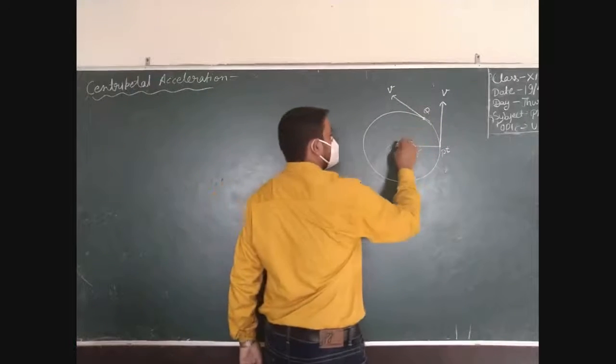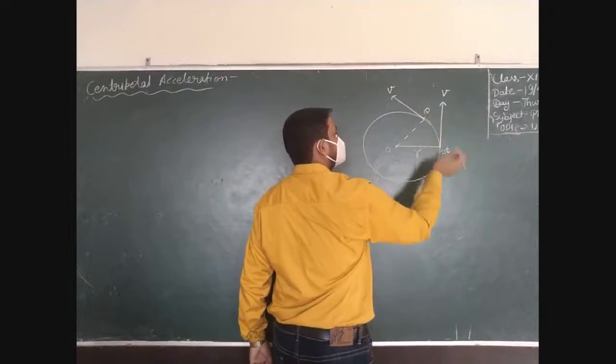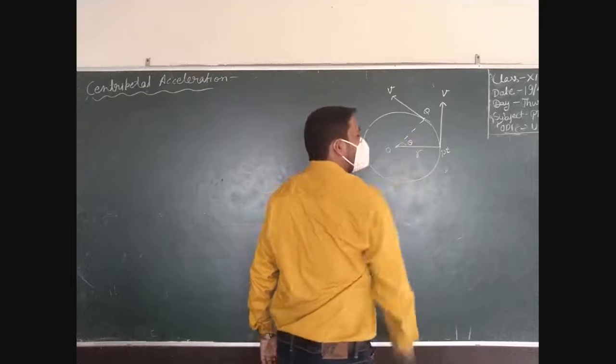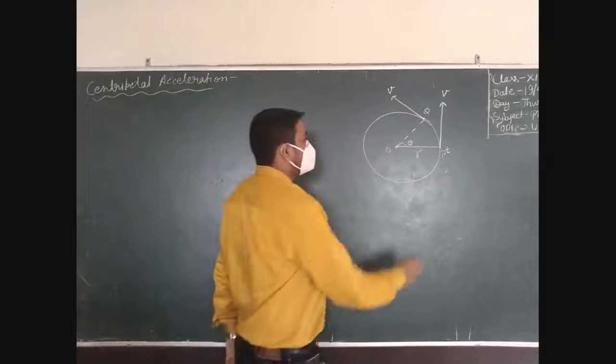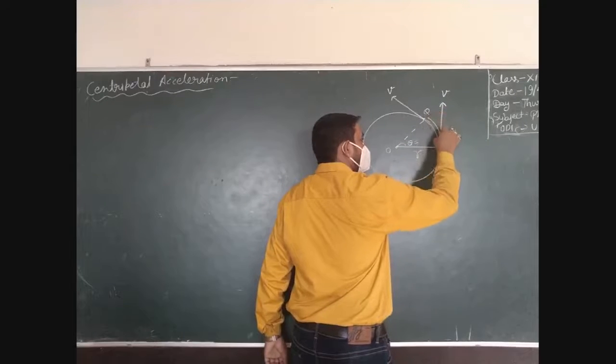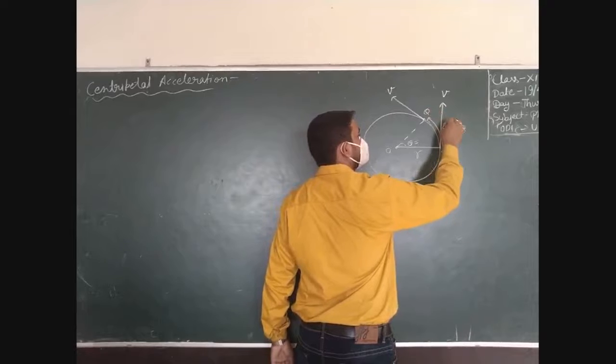When we join the center with point Q, we find that the particle subtends or sweeps an angle theta in the time, let's say del t. The time taken by the particle from moving P to Q is del t.